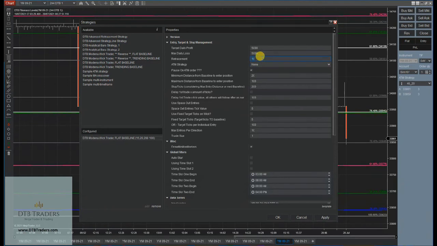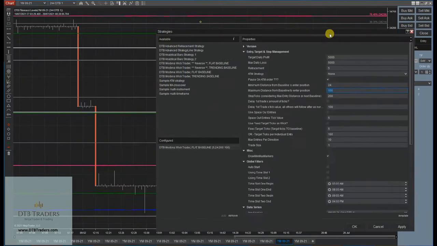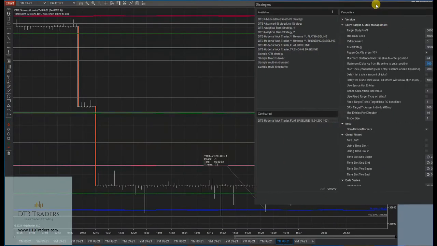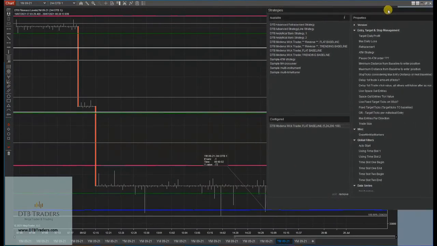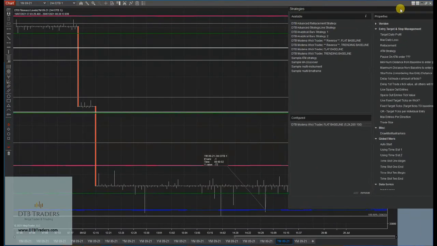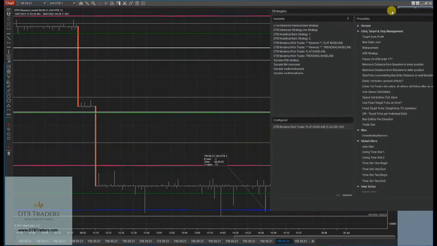You can add in your retracement level. You can make this a nice low number. Your minimum distance from the baseline, you can make that a 24, which is 10% of the baseline. Maximum distance from the baseline: you can say you only want to enter positions up to 200 ticks away.